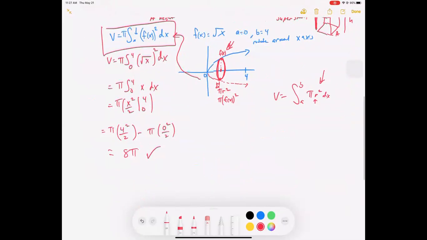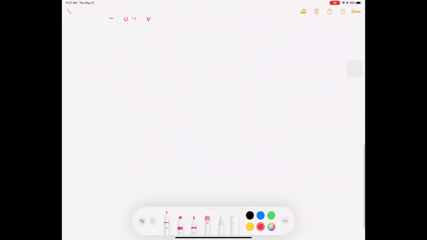Okay, let's do one more example. And let's do y is equal to, let's say, x squared. And we're going to go from a is 1 and b is 3. Okay, let's draw that out. For the function x squared, plug in 0 is 0, 1 is 1, 2 is 4.